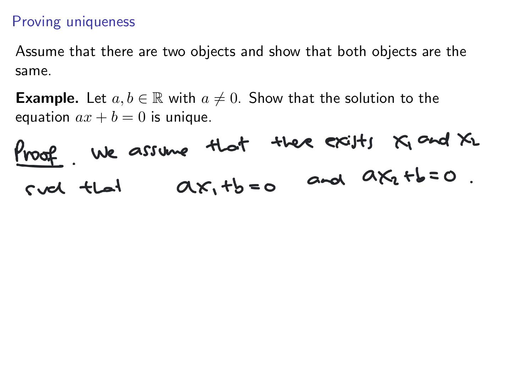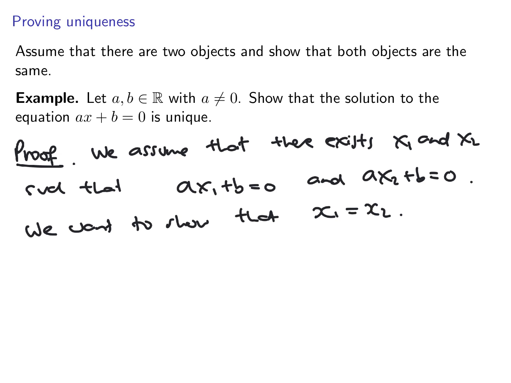So what we're writing here is saying that there are two solutions to ax plus b equals 0. What we want to show is uniqueness, so we want to show that x1 is equal to x2.